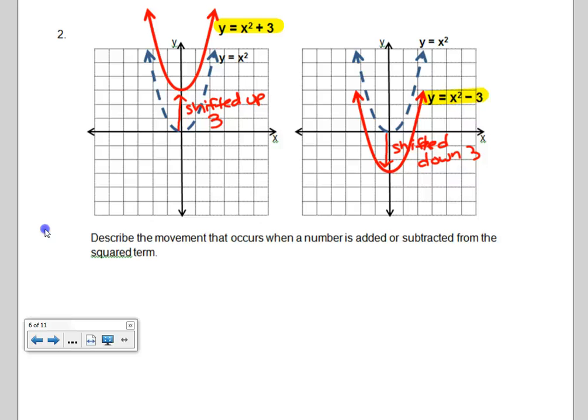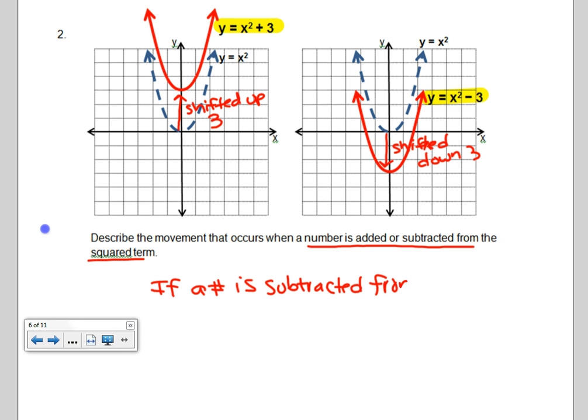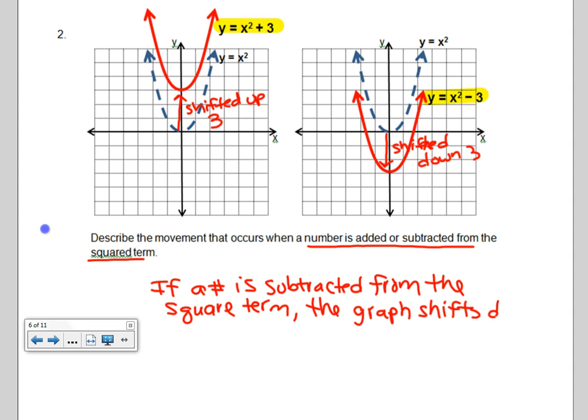So on this problem, if a number is subtracted from the square term, the graph shifts down that many units.